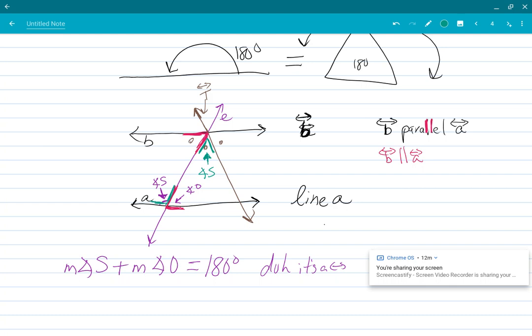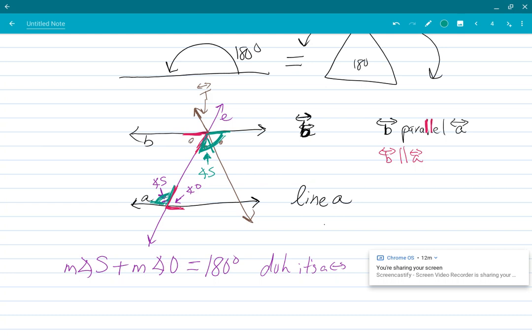Okay, angle S. Sorry, I made a mistake, that didn't make sense. This angle is big, so it's the whole thing, not the inside, right? Okay.